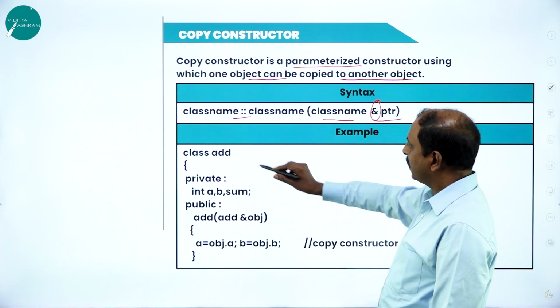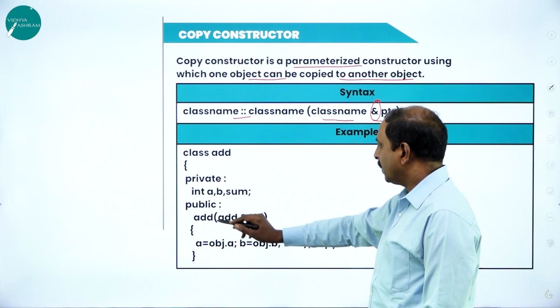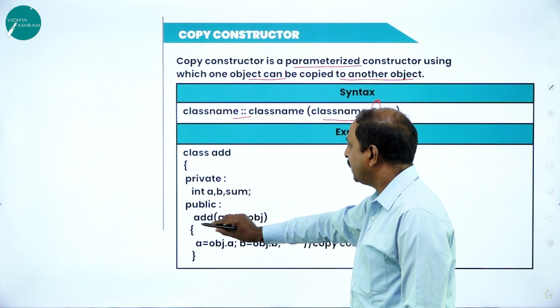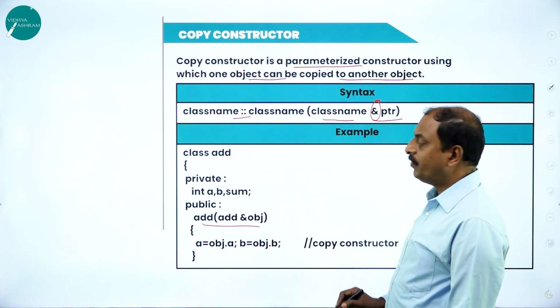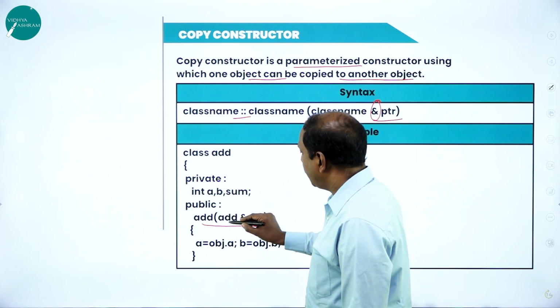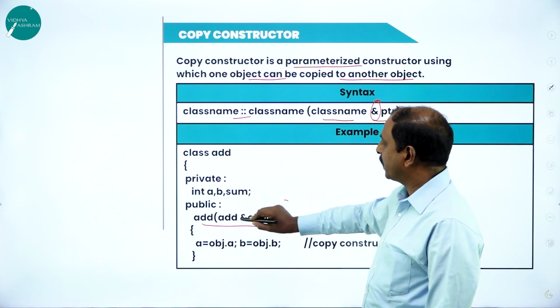In the example, class add, private variables a, b, sum, and under public we have add with ampersand obj. Here add is the name of the class, and obj is an object of the class add.